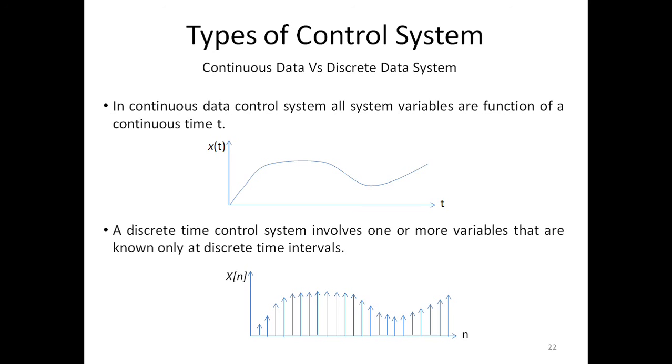Whereas in the second figure, which is n versus x of n, the output is present at a particular instant or particular sample. So this is nothing but discrete time, and the first diagram is continuous time. So in a continuous data control system, all system variables are functions of continuous time t, whereas a discrete time control system involves one or more variables that are known only at discrete or particular time intervals.